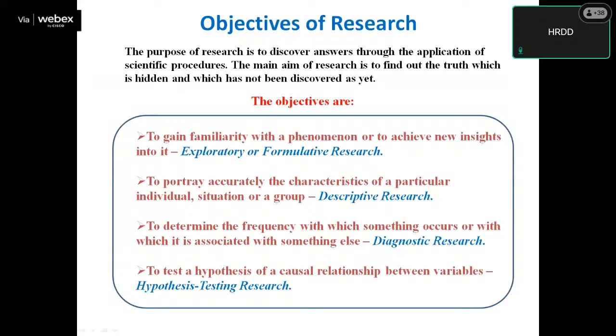The main aim of research is to find out the truth which is hidden and which has not been discovered yet, to know the unknown, what he was telling, right? So, to gain familiarity with the phenomena or to achieve new insights into it. New insight means exploratory research. Suppose in DAE there is a unit known as AMD.